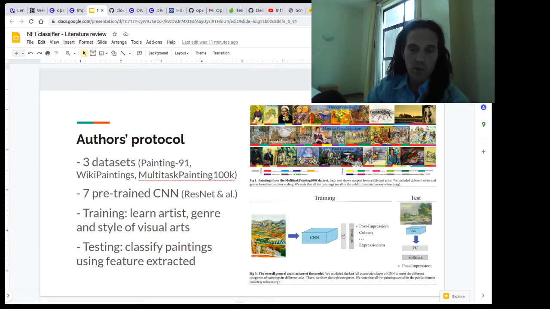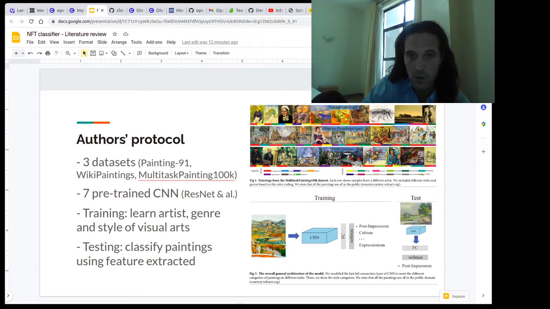In that paper, the authors use the following protocol. They use three different datasets on 7 pre-trained CNNs of the ResNet family. They train the models by telling them which artist, genre, and style the different paintings are.